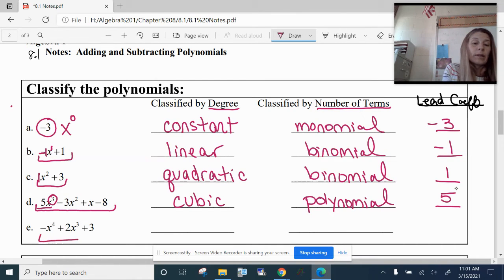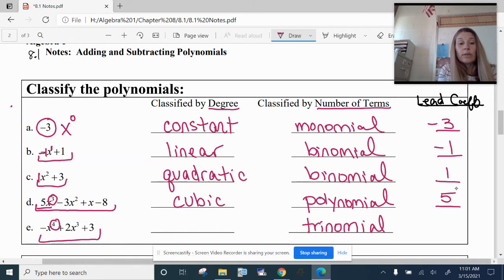And then finally, my last one, I have 3 pieces here being linked together. So this would be a trinomial. My lead term is the one with the highest exponent, so this negative x to the 4th, which makes this a quartic since it's 4th degree, and my lead coefficient would be the negative 1 out in front.